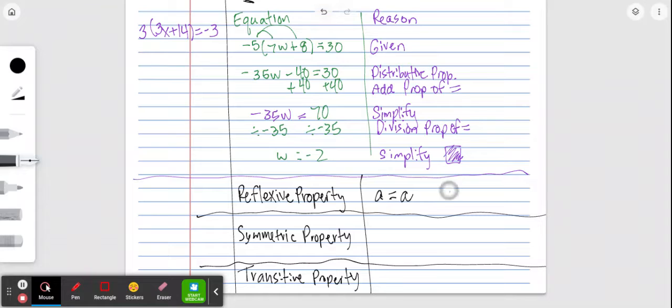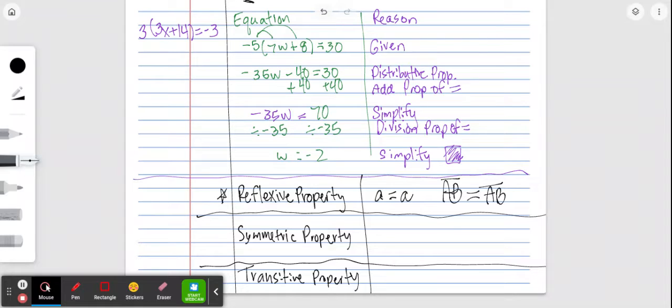So let's say we have side length AB, it is equal to side length AB, okay? So that's what it says. It is the same thing. Something equals itself. The reason why we use the reflexive property is when we're making proofs about things that share a side length or share an angle or whatever.